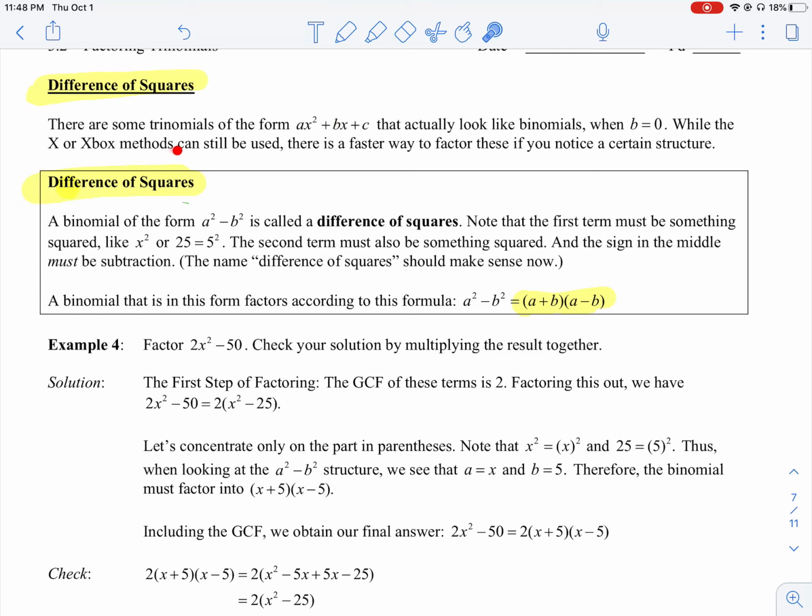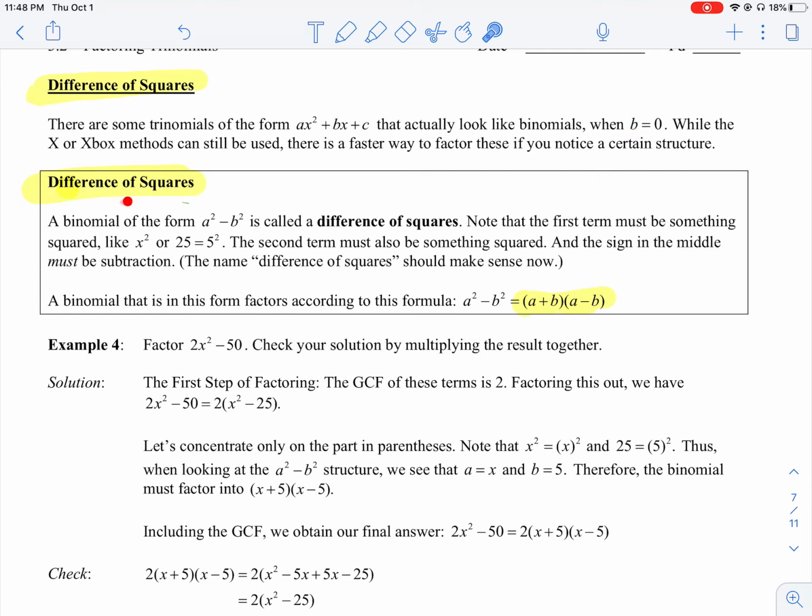While the X box method can still be used, there is a faster way to factor these if you notice a certain structure. You still can use factoring by grouping when b is equal to 0, but there is an easier way.